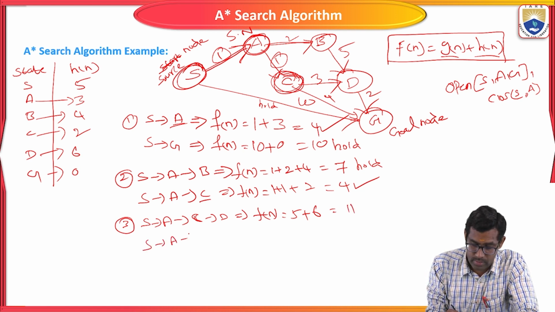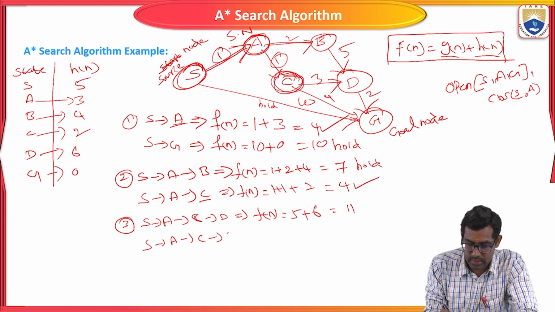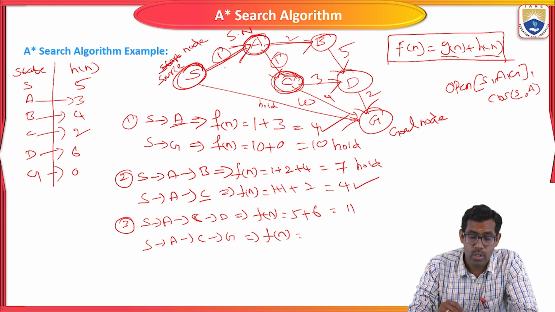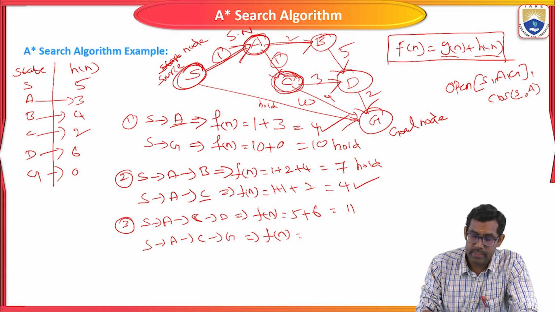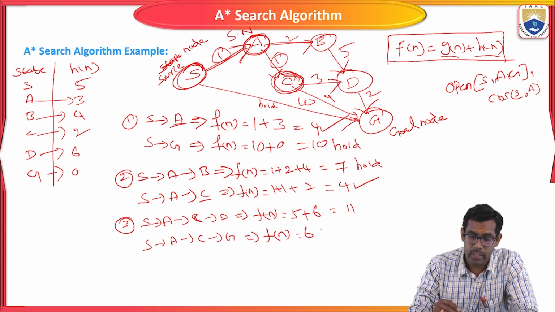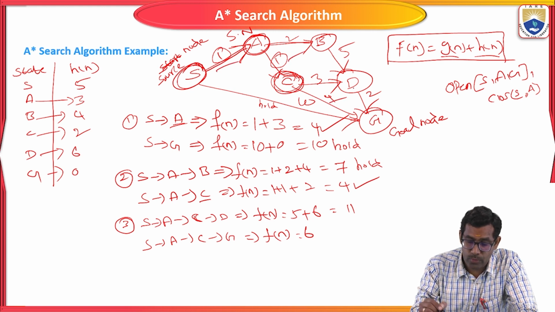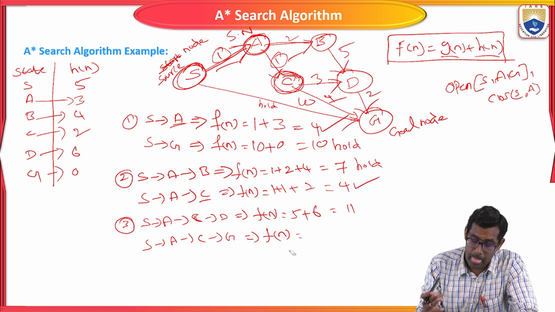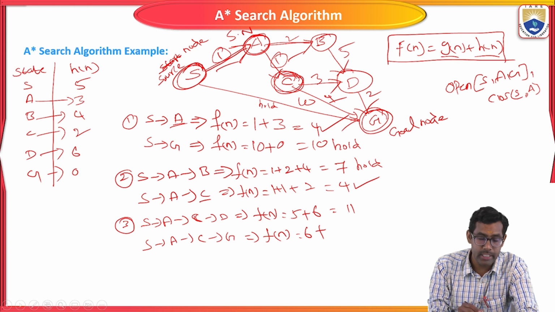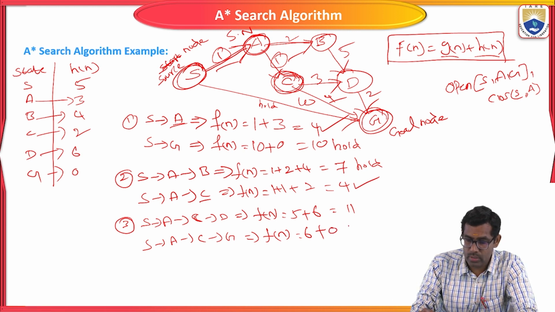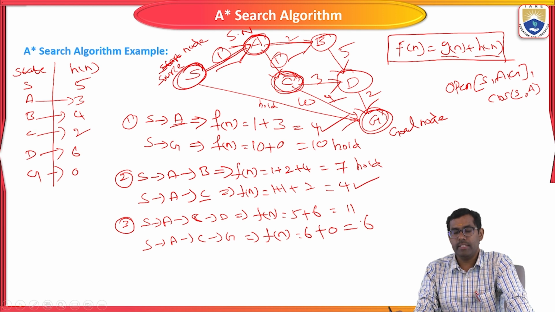Next one, S to A, A to C, C to G. What is the function we calculate? 1 plus 1 is 2, 2 plus 4 is 6, 6 plus the heuristic value at G, which is 0. So the total value is 6.